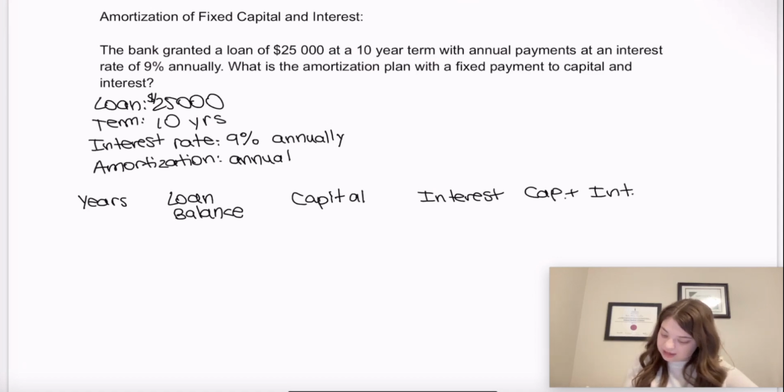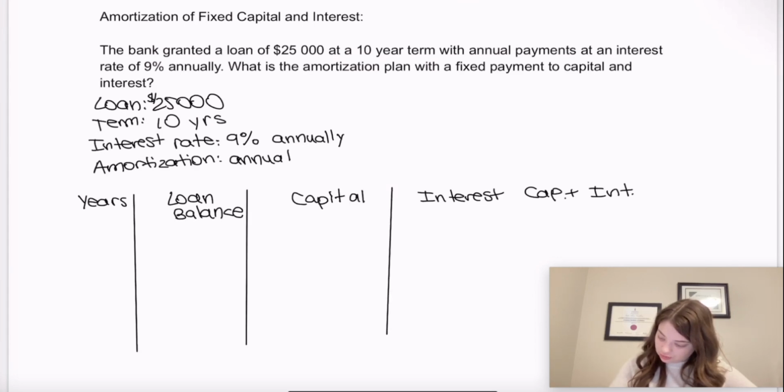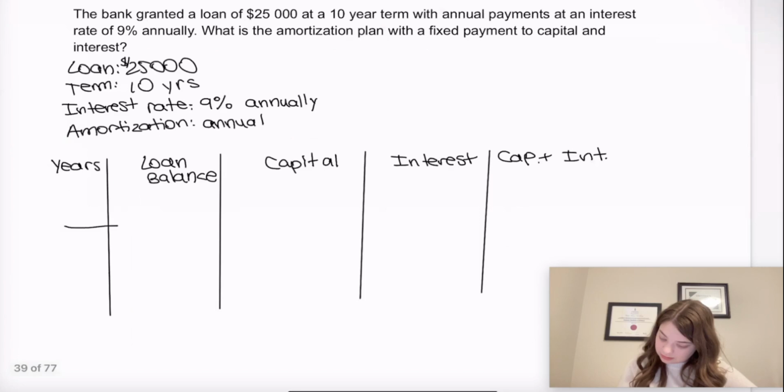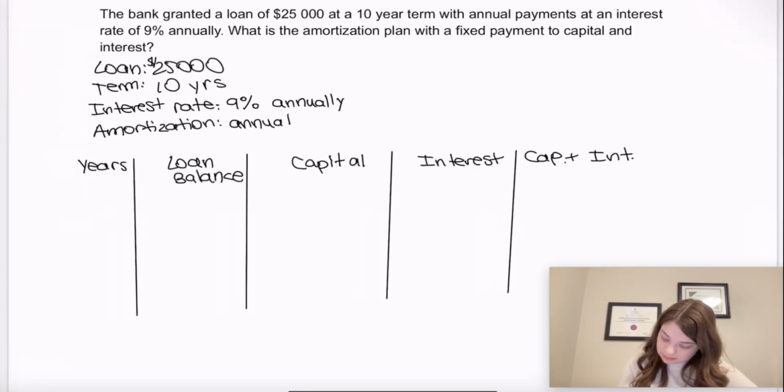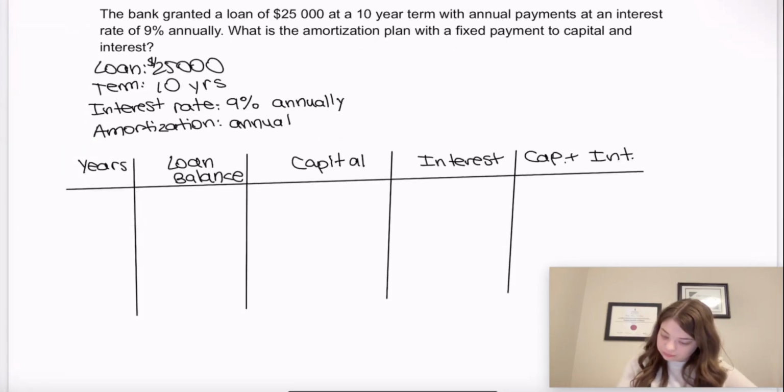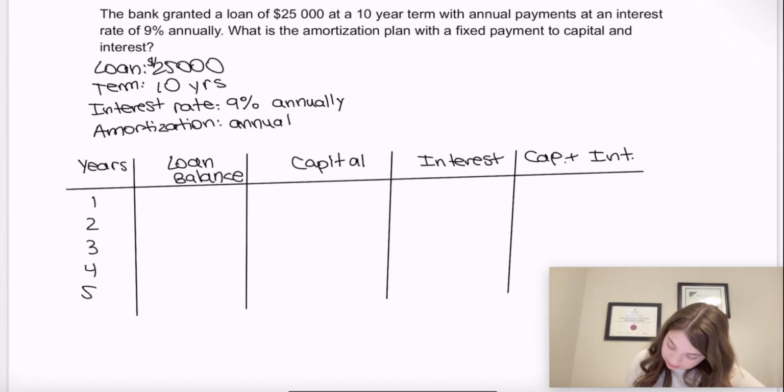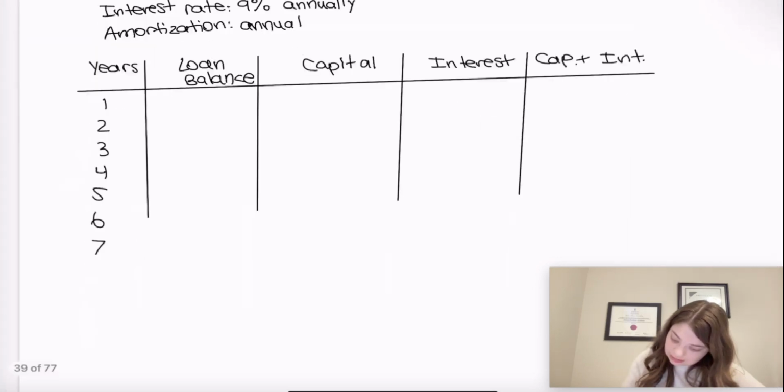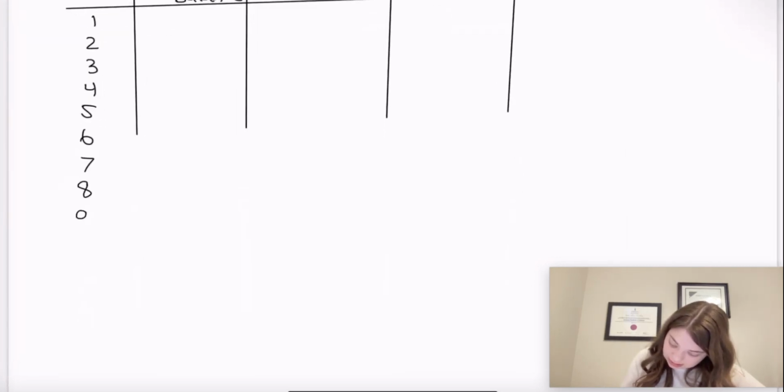I'm just going to draw some lines like that. Then for number of years, I'm going to write the numbers from 1 to 10 because this is a 10-year term. So year 1, year 2, 3, 4, 5, 6, 7, 8, 9, and 10.